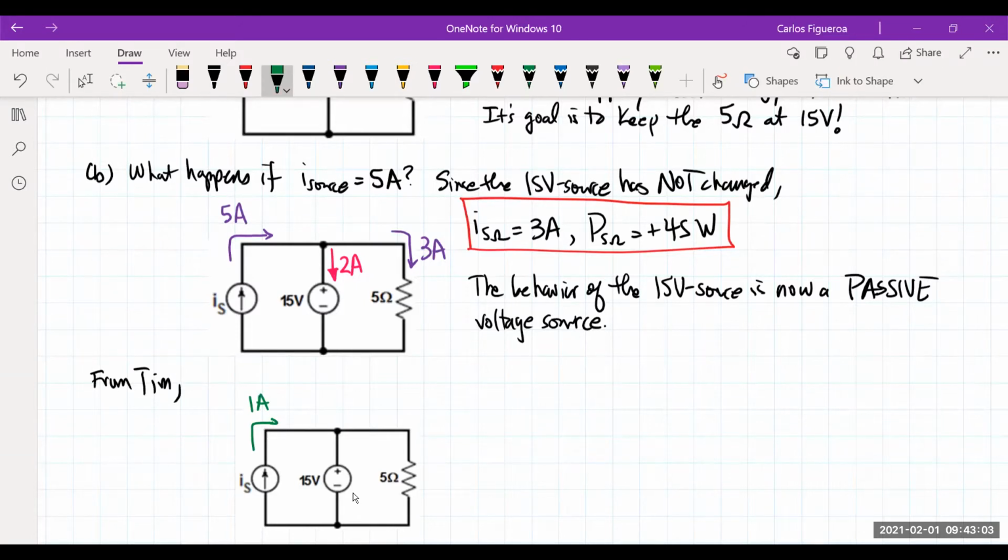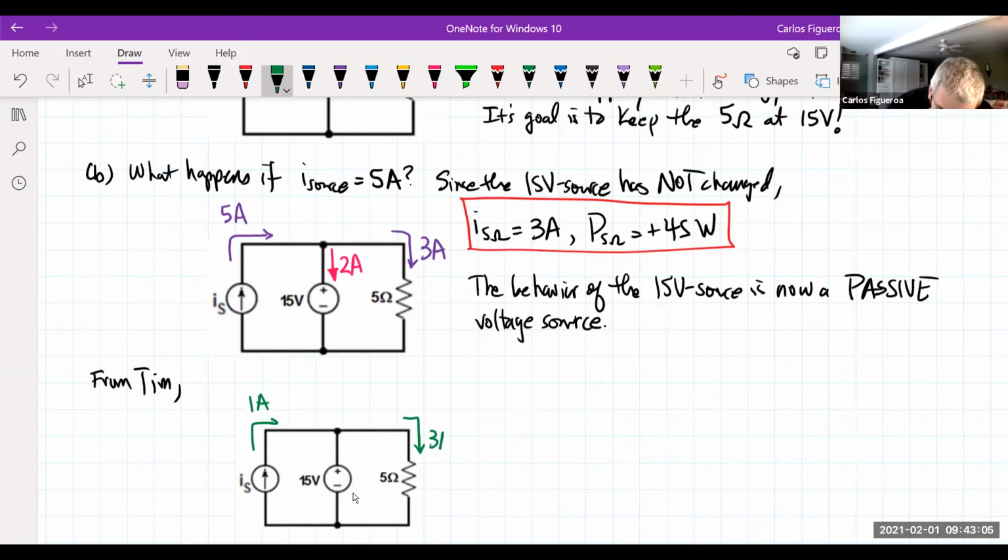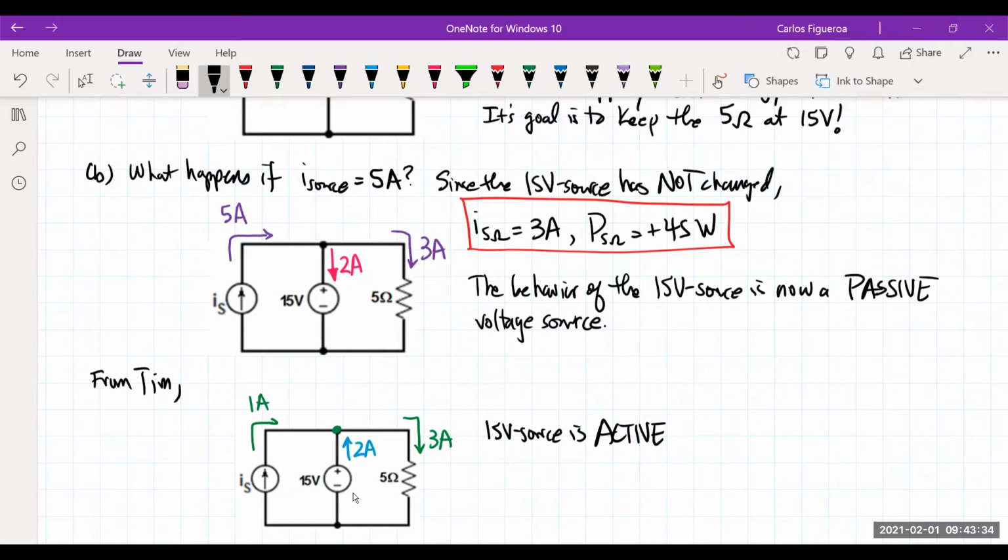Then this tells me here that this guy is still 3 amps. So if I look at this in terms of KCL, the only way this could be true is if I had 2 amps going up. This would then tell you that the 15-volt source is now active and it's supplying energy to the circuit. So not only is the current source active, but the 15-volt source is active. Okay. Cool.